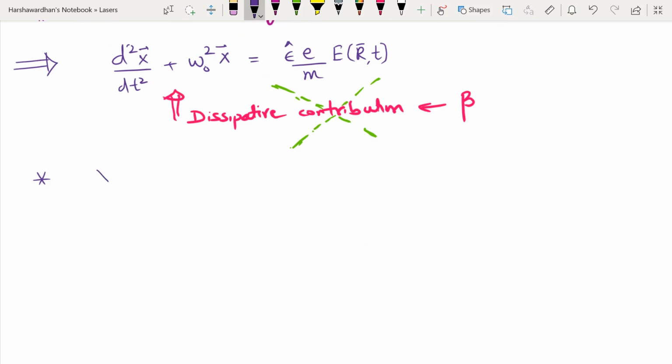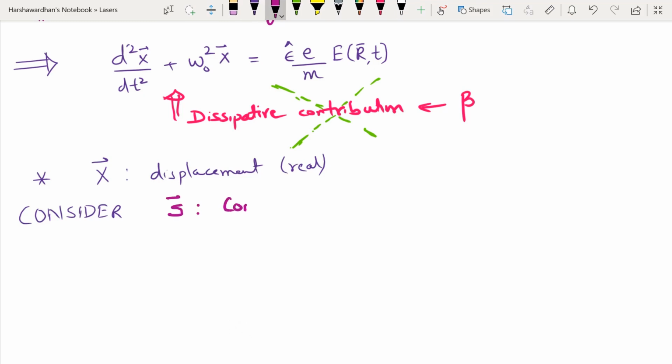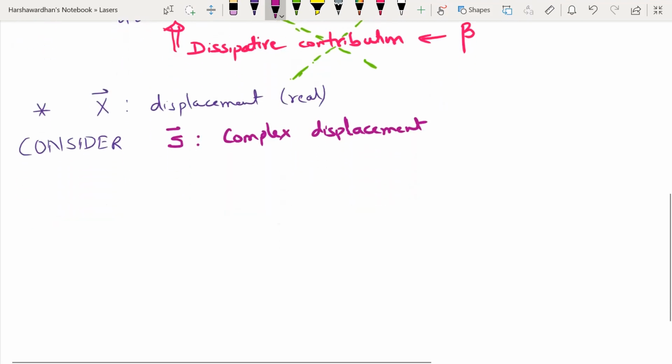This is a mathematical trick. I had x as my displacement, right? This was a real quantity as we began earlier. Now I'm going to consider S as a complex displacement. So let us see how we deal with that.